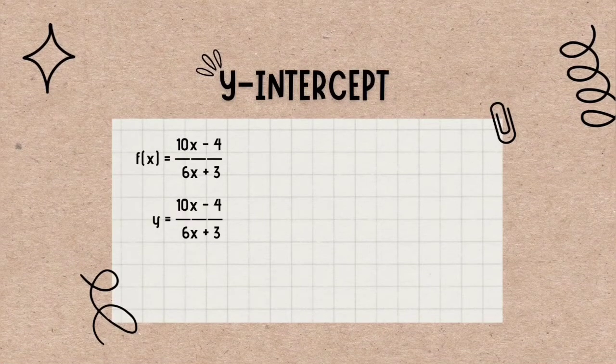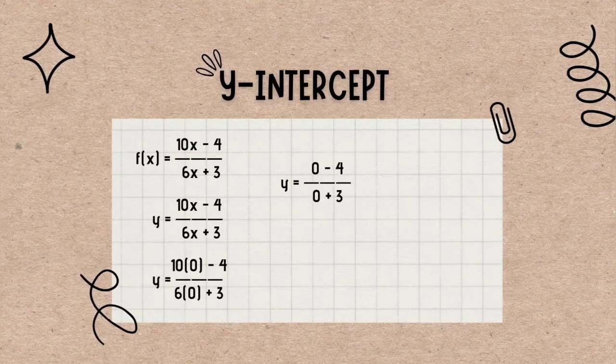So, ayan, gagawin natin y ang x. Then, gagawin natin 0 ang x. So, isasolve na natin siya. 10, so, automatically naman na, diba? Na ang lahat ng ita-times sa 0 ay 0. So, ano siya?